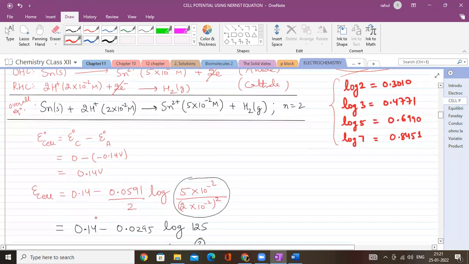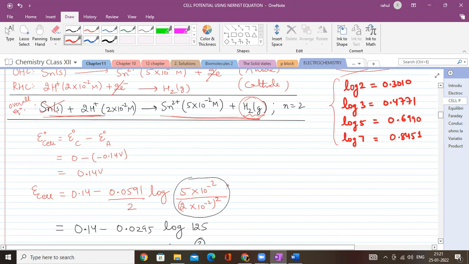Now if I try to put down the values, 0.14 minus 0.0591 divided by 2 log. Now, of course, product divided by reactant, I told you. So here this is 1. Now this is 5 into 10 to the power minus 2, and this is also 1. So I'm going to leave this. H positive to the power 2, that is 2 into 10 to the power minus 2 to the power 2, is raised.